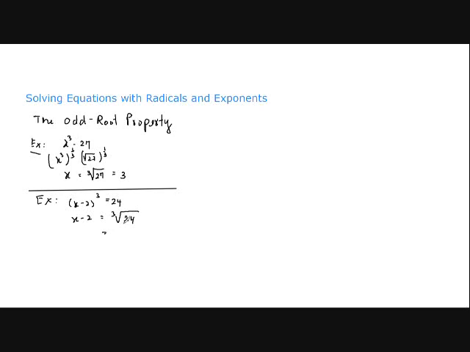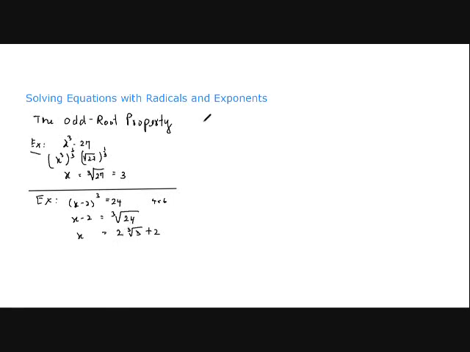The cube root of 24 is 4 times 6, so we can get 2 out, giving 2 times the cube root of 3. And x, since this is minus 2, you can move it and it becomes plus 2. I think that's the answer.